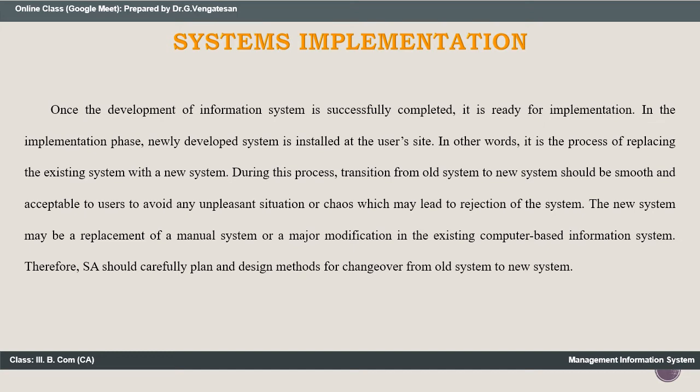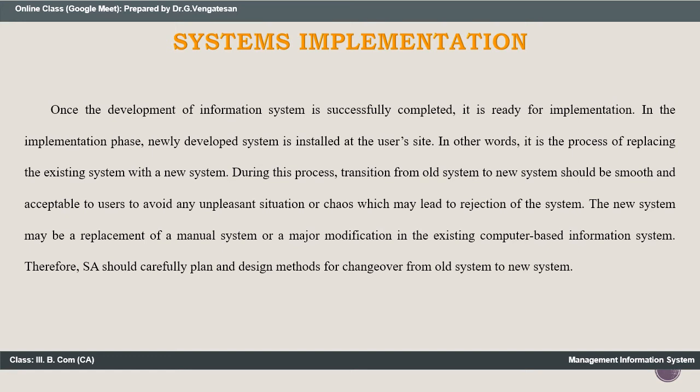And we have 5 reasons why the system fails after implementation. The first one is lack of user input, then incomplete requirements and specifications, changing requirements and specifications, lack of executive support, and technological incompetency.